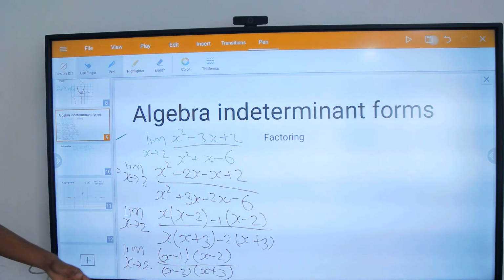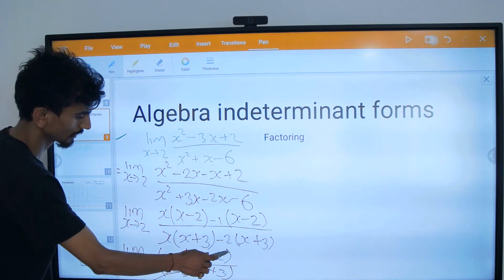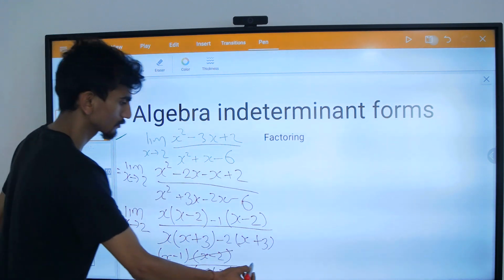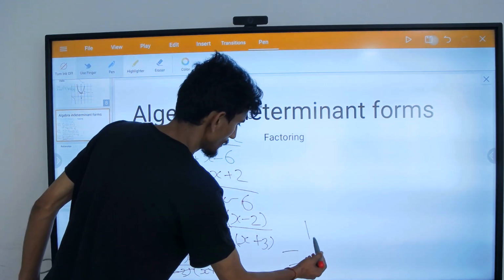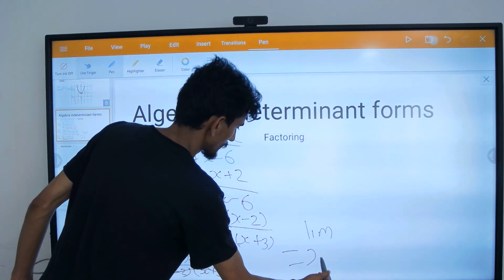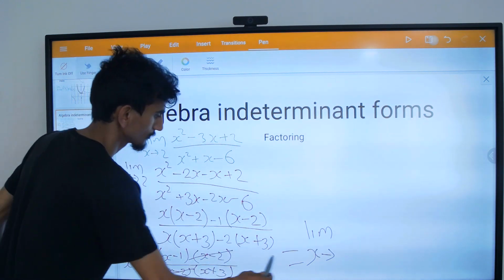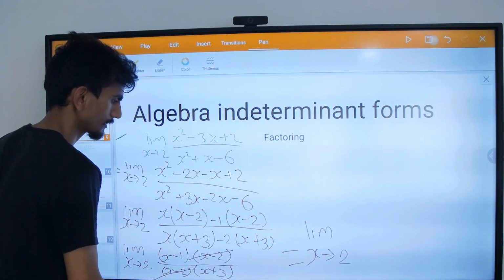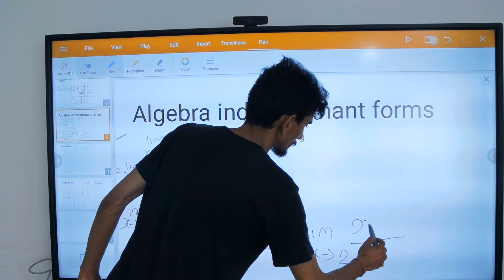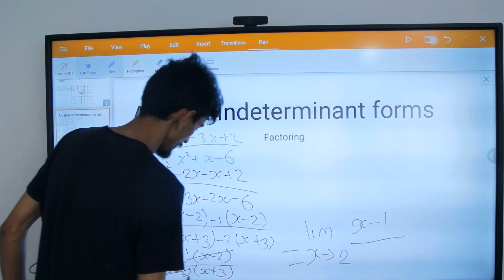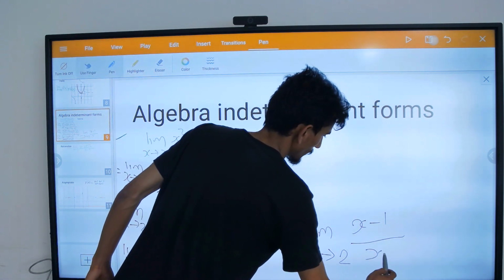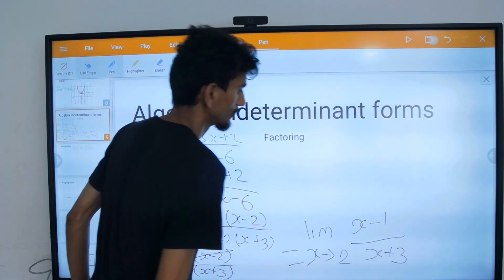If you know algebra, we can cancel x minus 2 with x minus 2, and the remaining is the limit as x tends to 2 of x minus 1 divided by x plus 3.